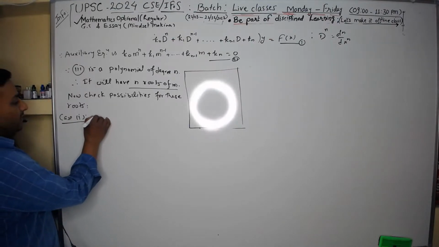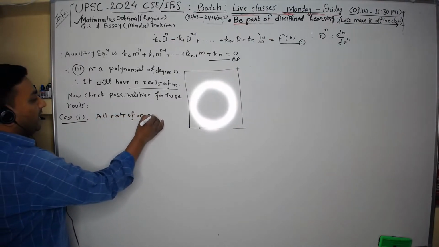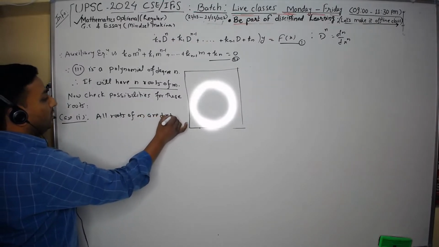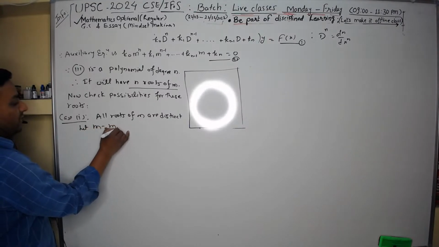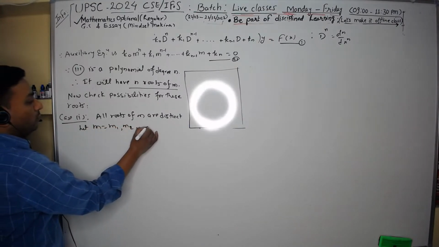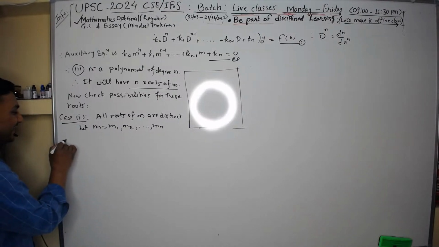Case 1 क्या है? All roots of m are distinct. Let जो roots हैं वो m1, m2, mn. ठीक है?